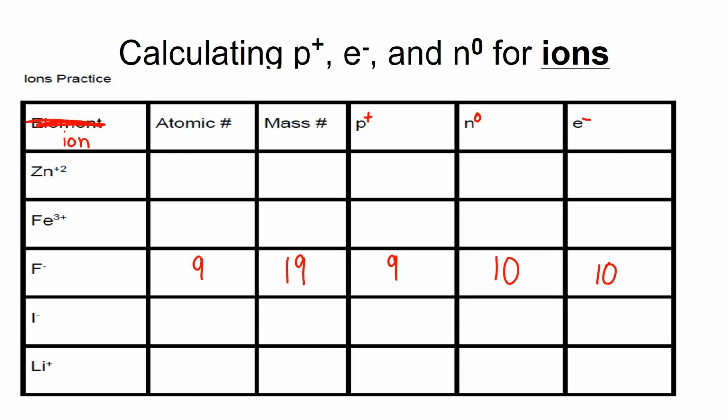Yeah, but you're not going to add any protons to it. You're just going to remove electrons, yes. So the only number that's going to change is this number. It's the number at the top on your periodic table.